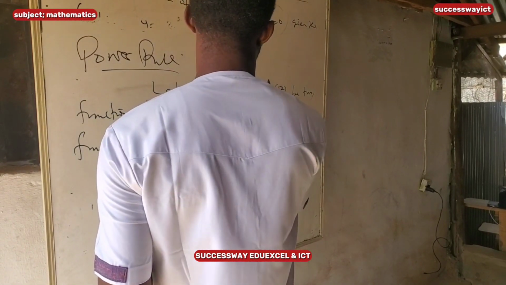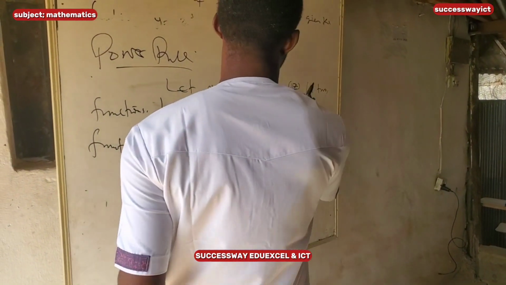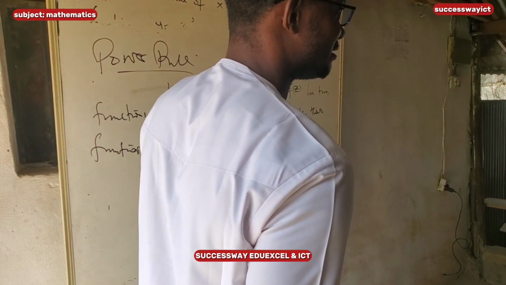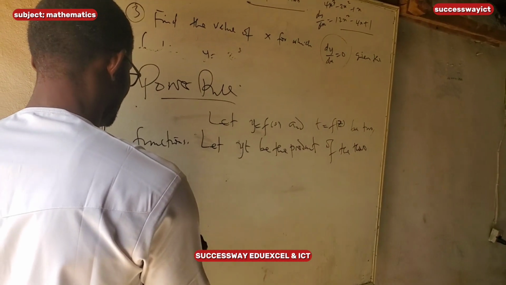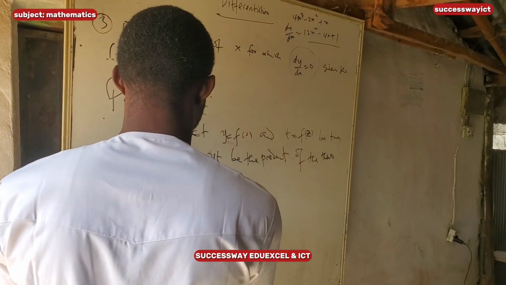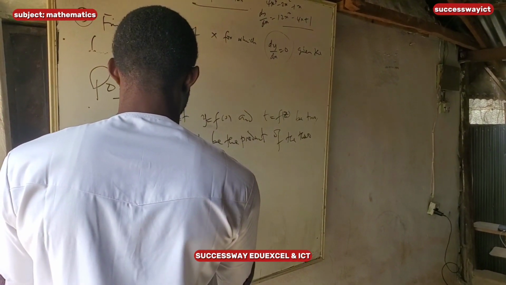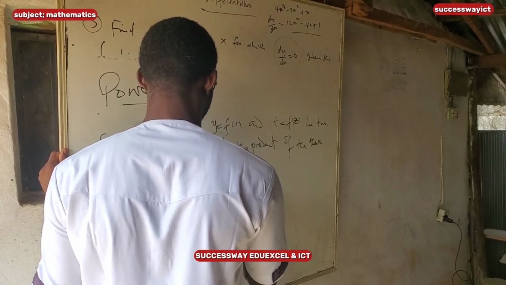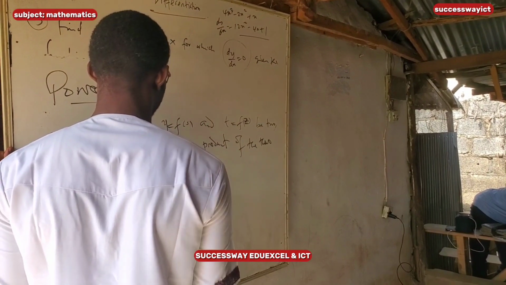Change this X to S. dy dx is given as t dy ds plus y dt dz.